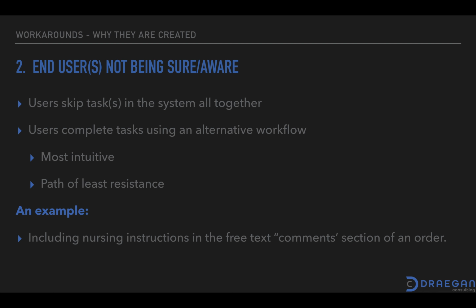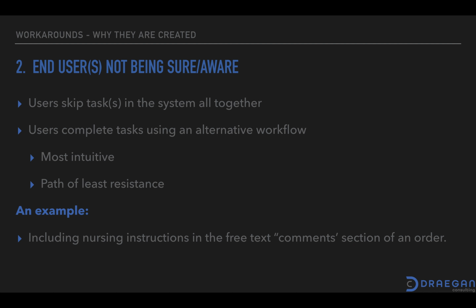We know from the way that EHR systems and other application systems used in healthcare are designed that an intuitive interface is not always what we get, and so these can create some very interesting workarounds. Again, they're usually looking for the path of least resistance or something they think they need to do because they aren't exactly sure how to complete it.